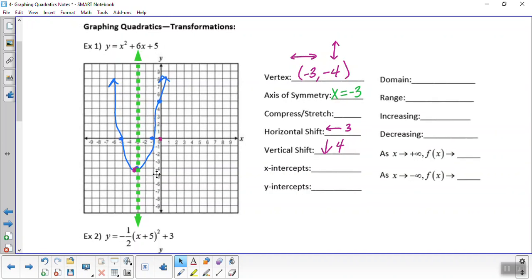Notice if we look at our x-intercepts, from the axis of symmetry, it's 2 jumps to the right, and the other one is 2 jumps to the left. We can go up to our y-intercept. 1, 2, 3, and then 1, 2, 3, there's another point. So that is our axis of symmetry.